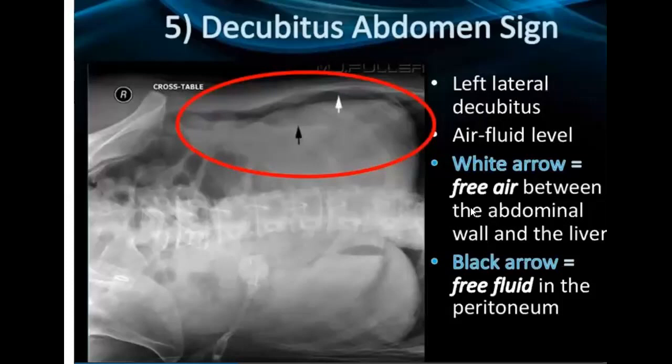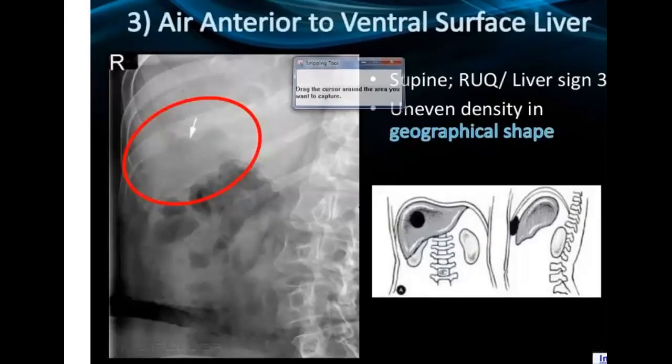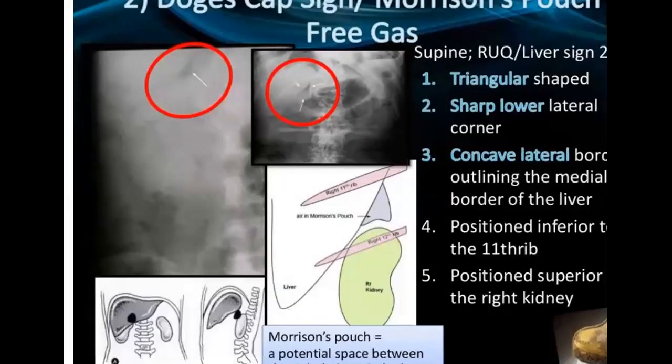Decubitus for free air. And there is free fluid. Again, Rigler sign, both sides of the bowel wall. Air anterior to the liver. Free gas.